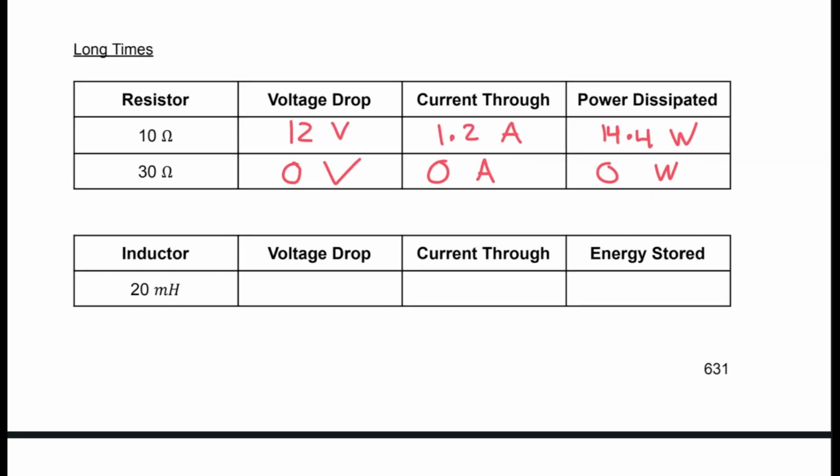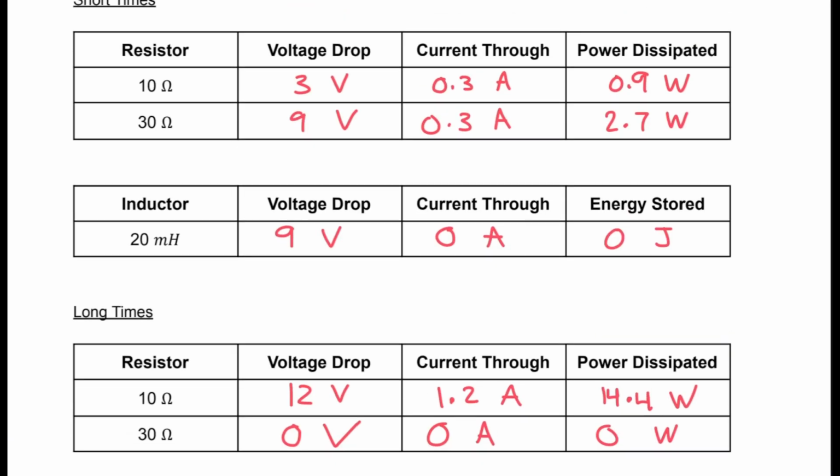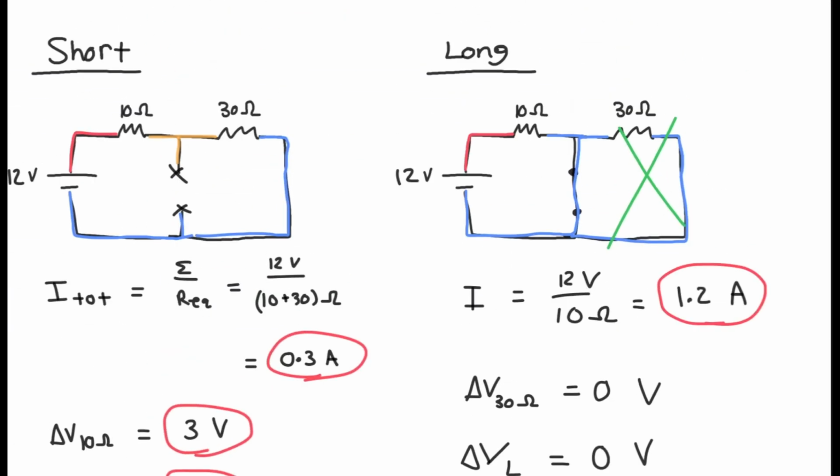And then for the inductor, there was no voltage drop across the inductor because it was a short circuit. The current through the inductor, if we go back and check here, is the full battery current, 1.2 amps.